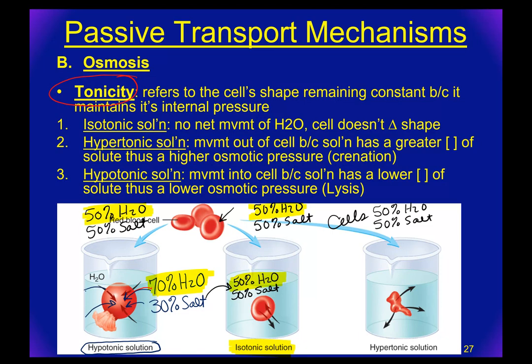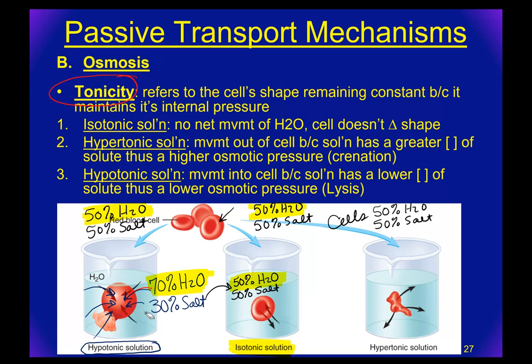Now, mind you, they're not balanced, right? So 70 and 50, I want to get it 60-60 so that it's the same on both sides of this membrane. So I keep shoving water into this cell. Now, if you're really lucky, it'll be close enough that it'll balance and everything will be okay.